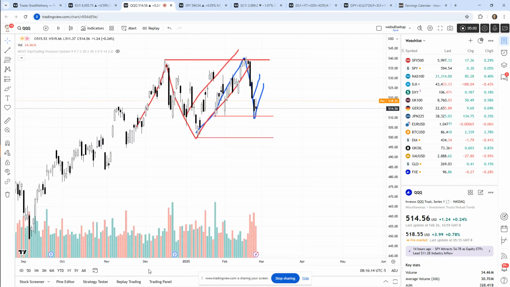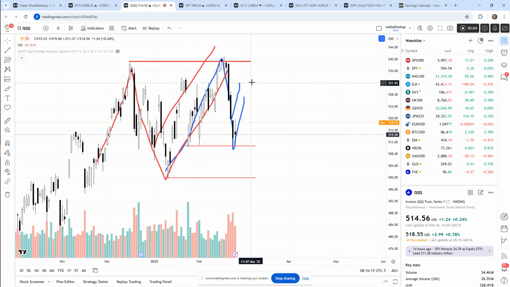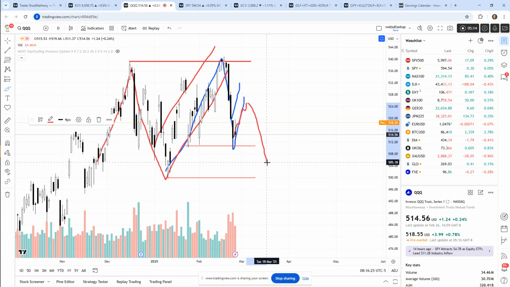So here you can see the setup. If my research is correct, we're going to move into a sideways channel briefly to the upside before rolling back down into March 21st, potentially down or even further. So we've got a couple of days. I would guess somewhere till March 10th.